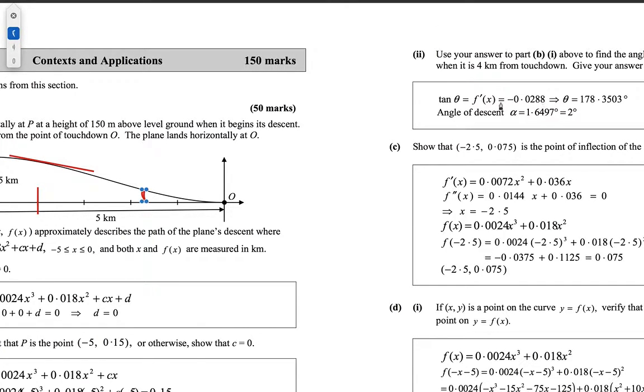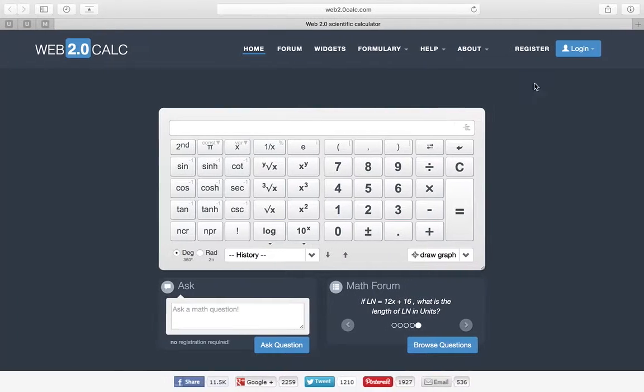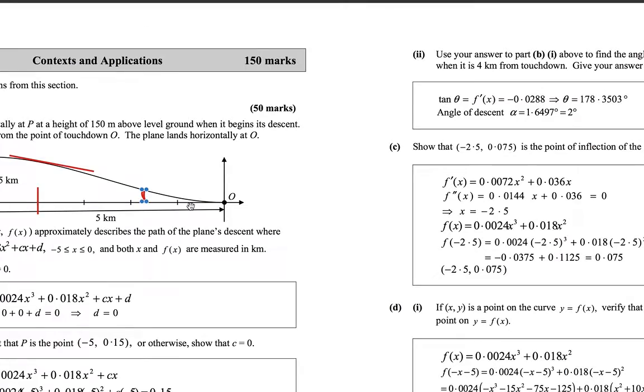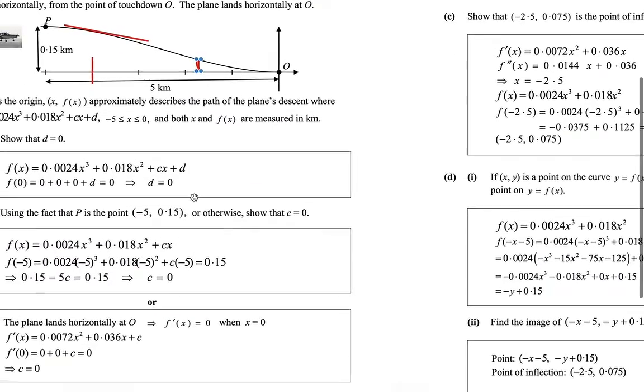So you know what the slope is. Now get tan inverse of this to get the angle. So tan inverse, tan -1. This button here. So tan inverse of minus 0.0288.